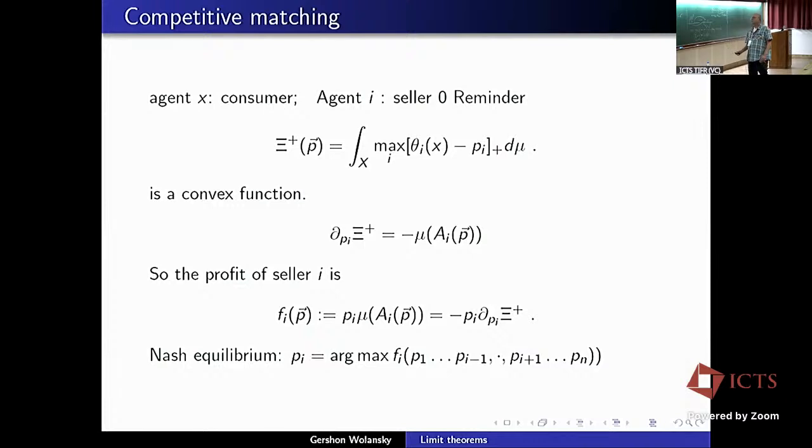And then we can look for Nash equilibrium. Nash equilibrium means that there is a price vector P1 to Pn, such that each seller will not gain anything if they change their price, assuming that all the other prices are fixed. This is the definition of Nash equilibrium. I will not pursue this direction.